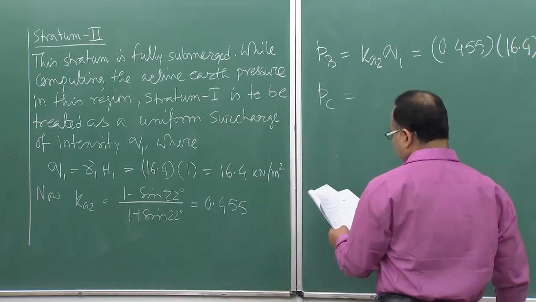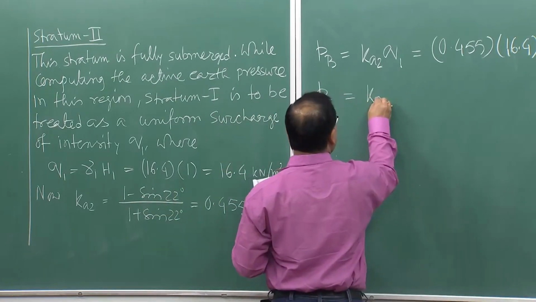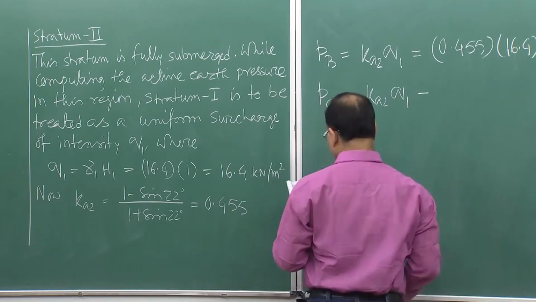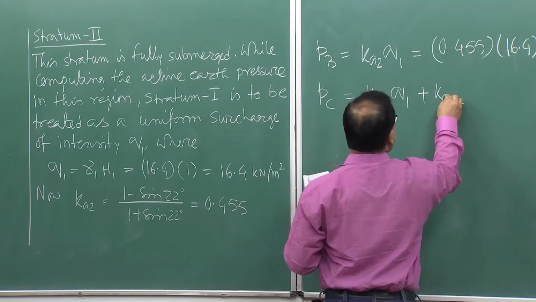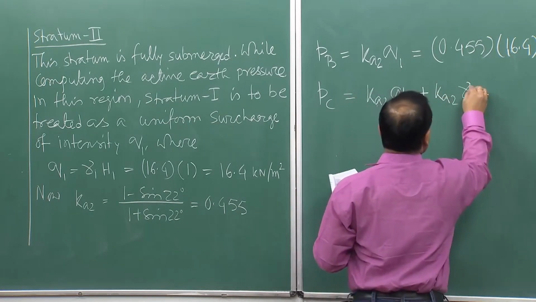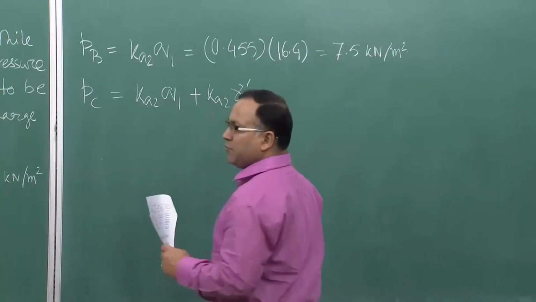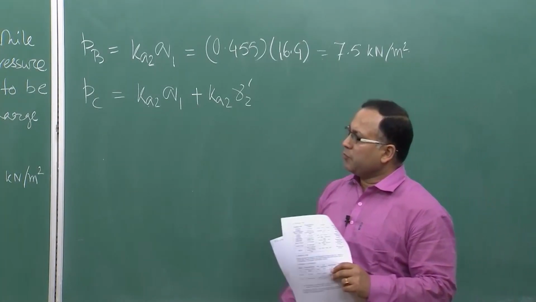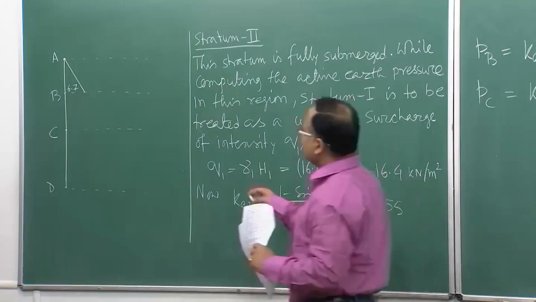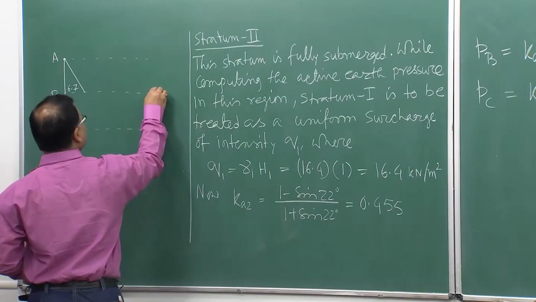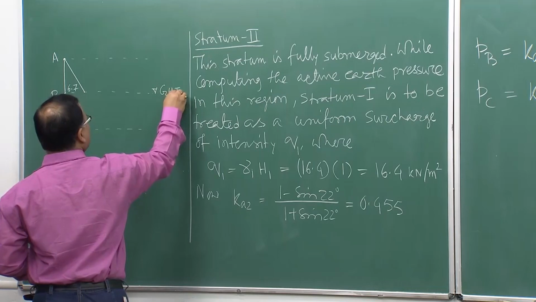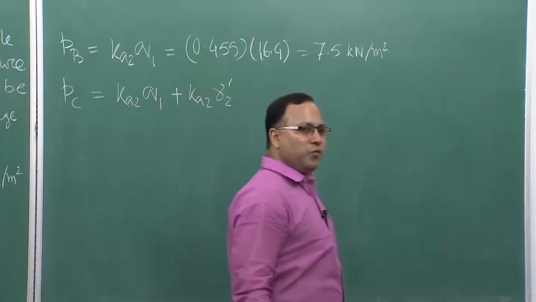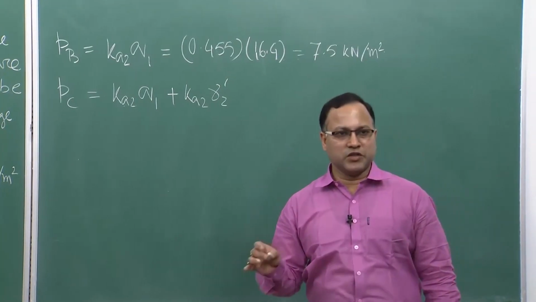Okay. So, how can I calculate PC? It is Ka2 into Q1, plus Ka2 into gamma 2 prime, the submerged unit weight, because the groundwater table is at this level. Anything below point B will be in completely submerged condition.